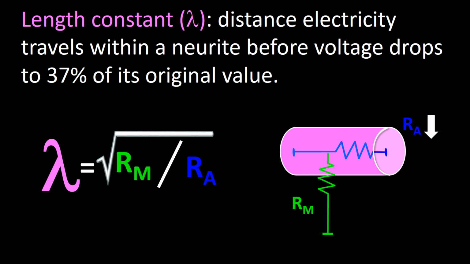So decreasing axial resistance and increasing membrane resistance increases length constant, thus extending the depolarization zone further along the axon, whereas increasing axial resistance and decreasing membrane resistance decreases length constant, thus decreasing the speed of conduction.